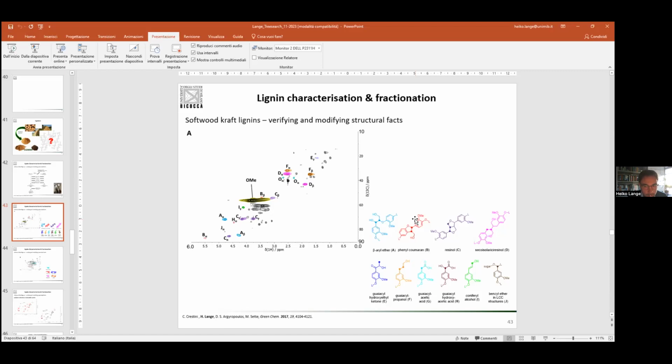Because, for instance, we use this analysis to detect the LCCs in spruce after enzymatic hydrolysis, and we get a messy region in the HSQC because of the overlap, but we don't have enough sample at the same time, so we cannot work on the sample preparation. I was wondering if, let's say, the sequential HSQC, if we can call it like that, can be helpful, or you have other tips?